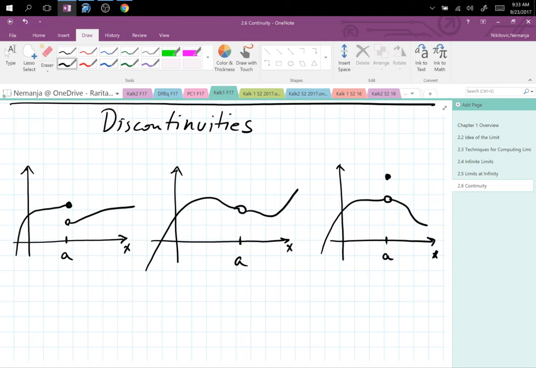Which rule fails for the first one? Rule number 1, rule number 2, or rule number 3? And why? Rule number 2. Very good. So for the first one, it passes rule number 1 because function value exists.